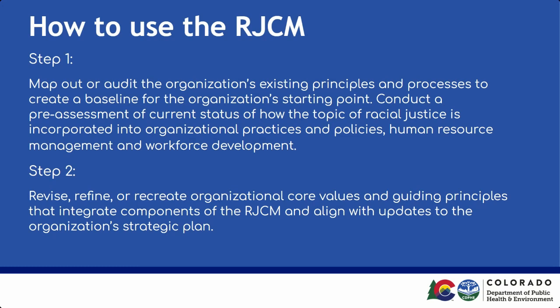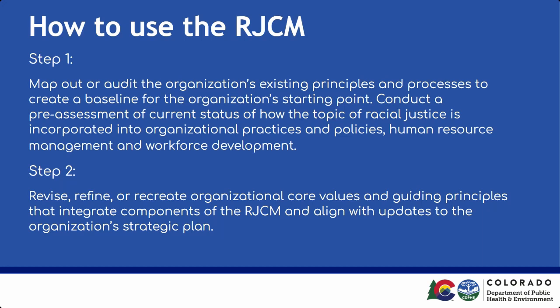So how to use the Racial Justice Competency Model. Step 1 is to map out or audit the organization's existing principles and processes to create a baseline for the organization's starting point. Conduct a pre-assessment of the current status of how the topic of racial justice is incorporated into organizational practices and policies, human resource management, and workforce development.